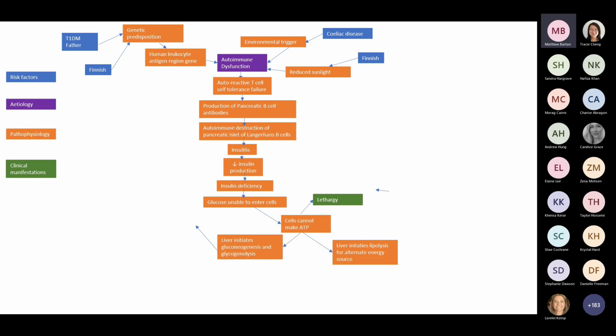Okay, moving on. Now, once you start to not process this metabolism very well, your liver kicks in, because the liver tries to look after your whole body by doing two main things to try to get your glucose levels back up, even though they're already high. But in this metabolic state, the liver thinks that you're having problems making energy, therefore your glucose levels are low.